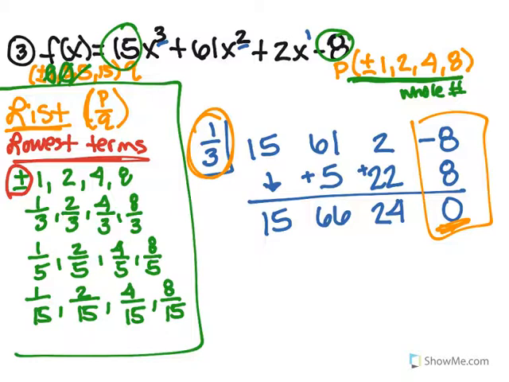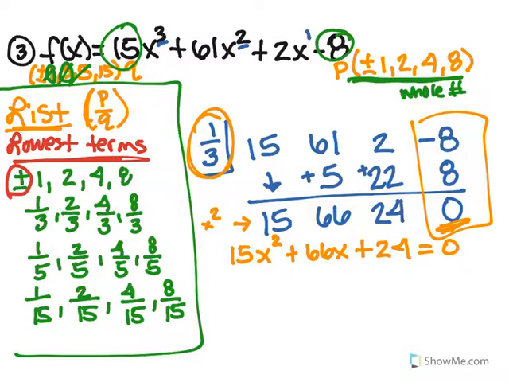So to find our other 2 answers, keep in mind, if we started off in 3rd degree, this row starts 2nd degree. So we're good with the synthetic division. So we're going to write, this would be 15x squared plus 66x plus 24 equals 0. Now, I would divide off a 3.